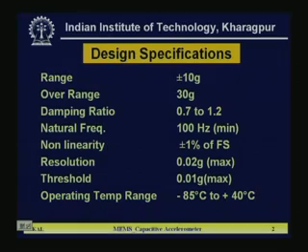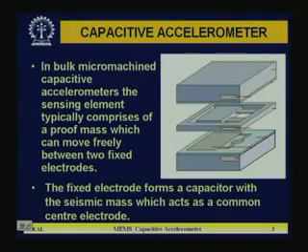So, with this specification, how do we proceed to design an accelerometer which is based on capacitive sensing? Now, the structure of the capacitive accelerometer is shown in the figure here, and this figure has 3 modules.